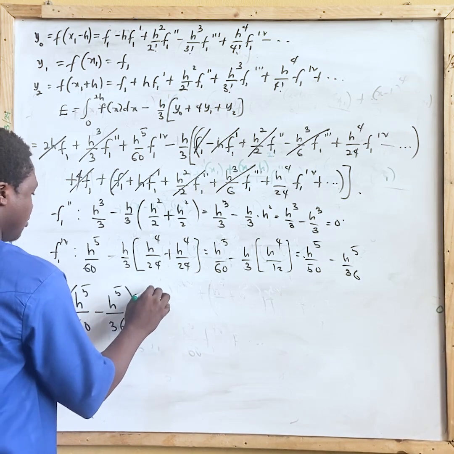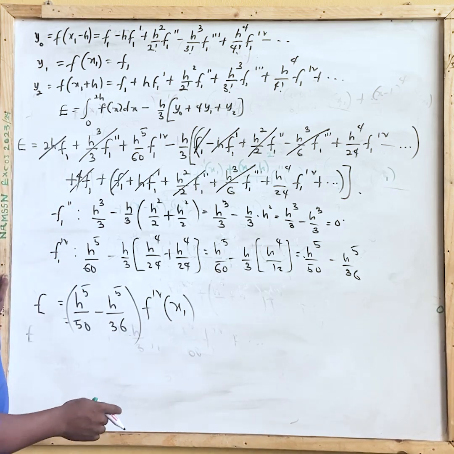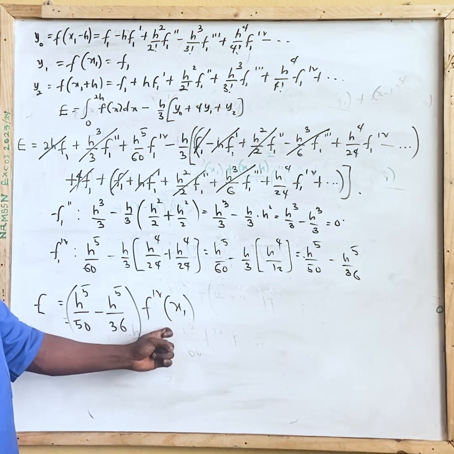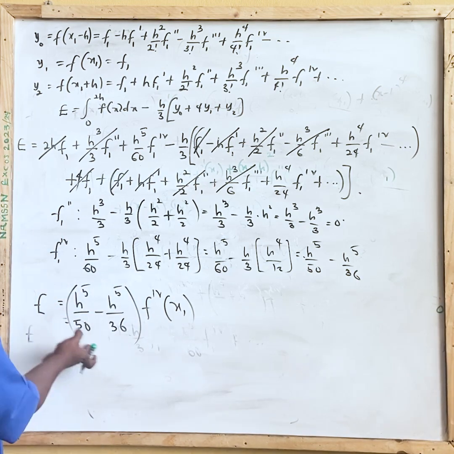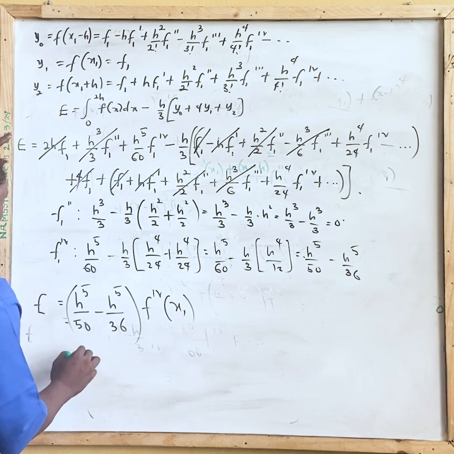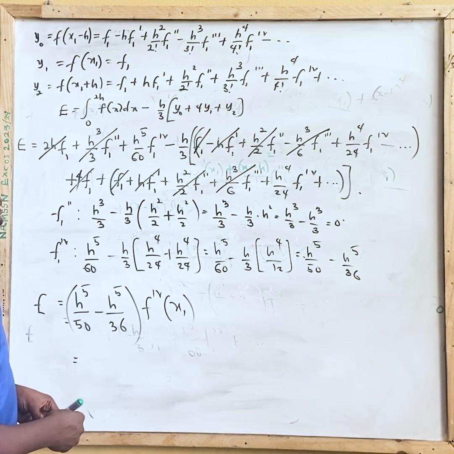f IV of x1. Anyhow. So if we combine this, what do we have? We have the LCM here.